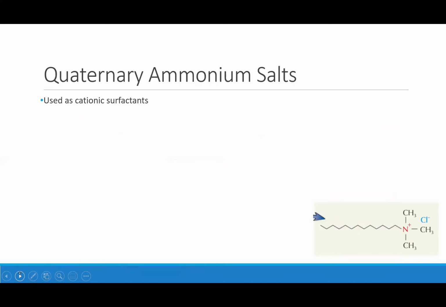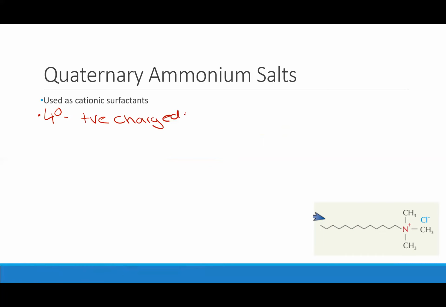So we're going to look at quaternary ammonium salts, and we can use them as a cationic surfactant. Because quaternary ammonium ions are positively charged, those quaternary ones always are positively charged.